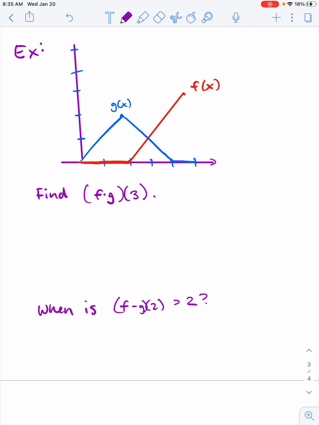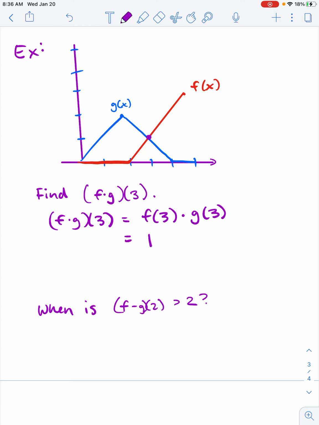So if I'm solving this one out, f times g of 3 is the same as f of 3 times g of 3. That's what our function operation tells us. So first I need to find f of 3. If I want to find f of 3, I'm basically going to go see where on the red line, if I plug in 3 for x, what am I going to have for y at that point? So that's going to be a 1.